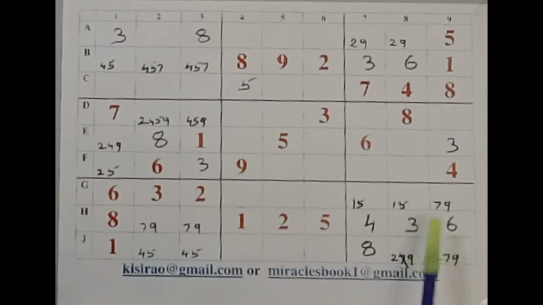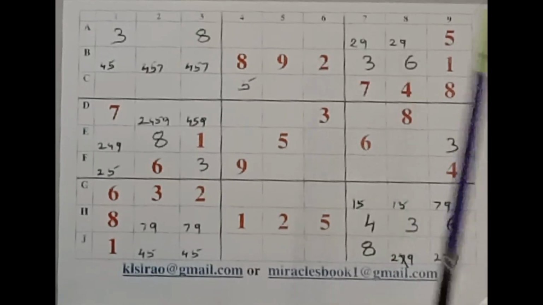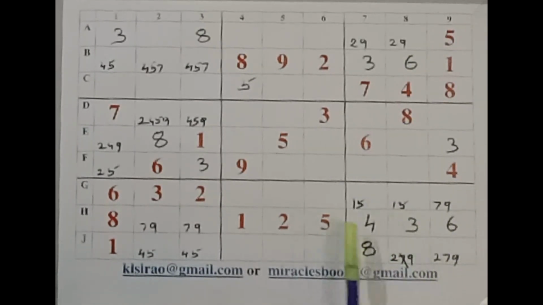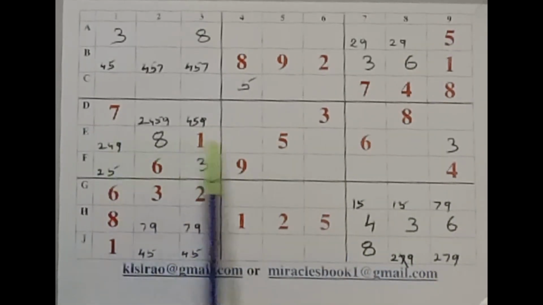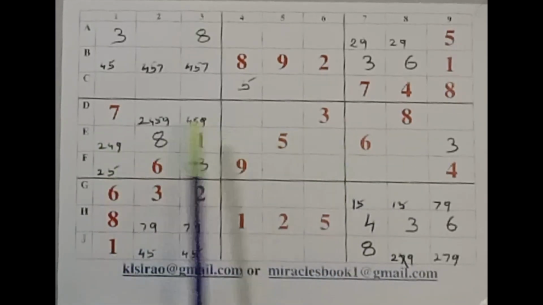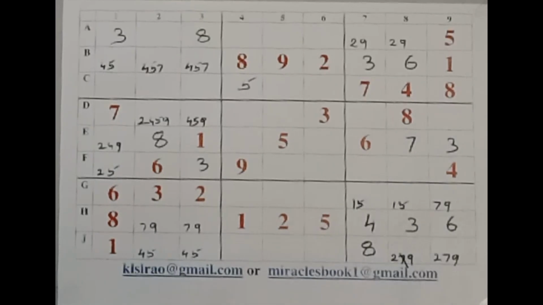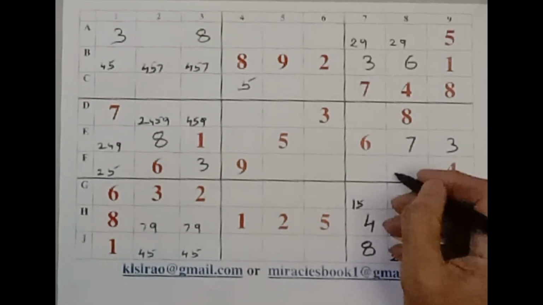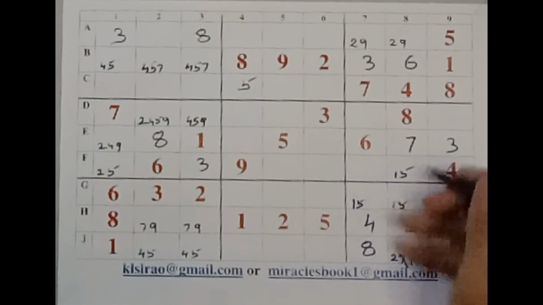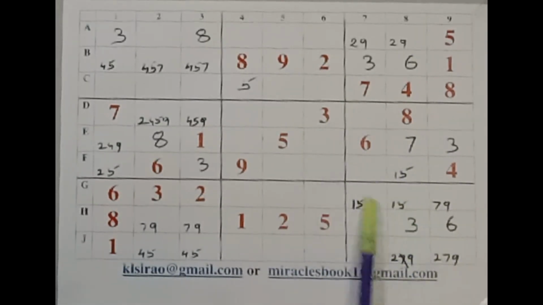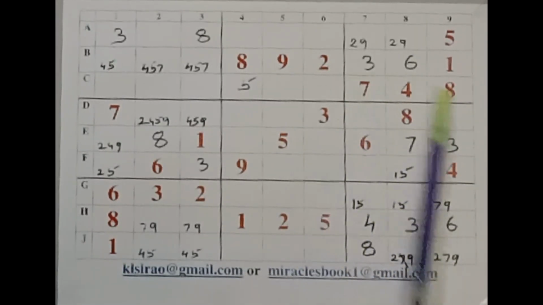No, not 2, sorry. 2 is there in the pair. 1, 5 and 7. We have 1 and 5 in the same row. Therefore, 7 is a number which can take this cell. And we can write 1 and 5 here.